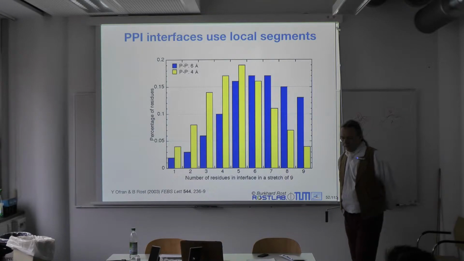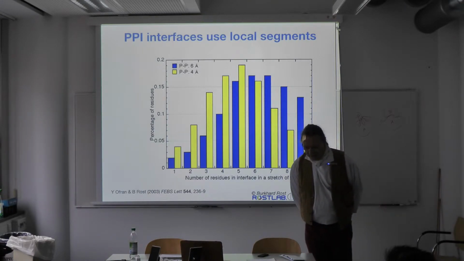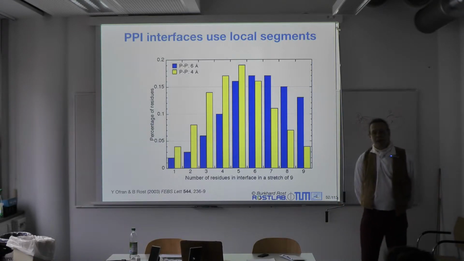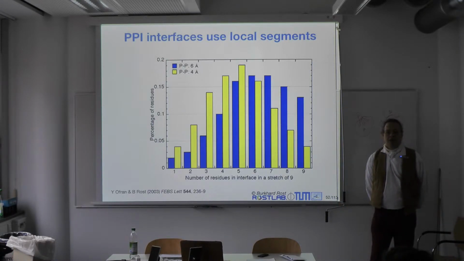Yes, but first of all, for about 60% of the residues in human, we cannot do that. Full stop. Secondly, when we did that, the number was much, much smaller.